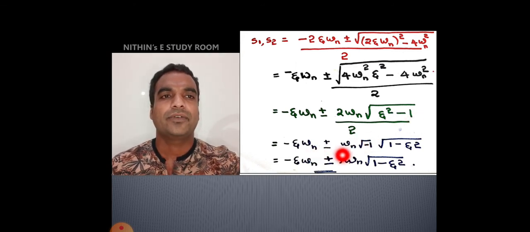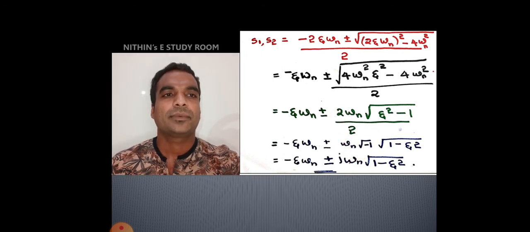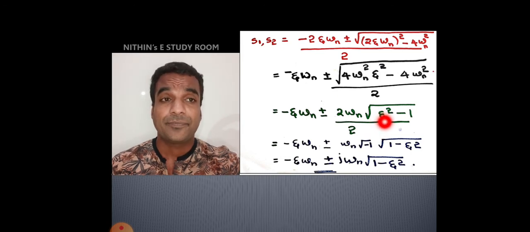In the next step I am dividing all terms by this 2, then this 2 gets cancelled with this 2, so it will become omega n. Then I am taking a negative sign outside, so it will become 1 minus eta square. And as the negative is inside the root, it will be root of minus 1.